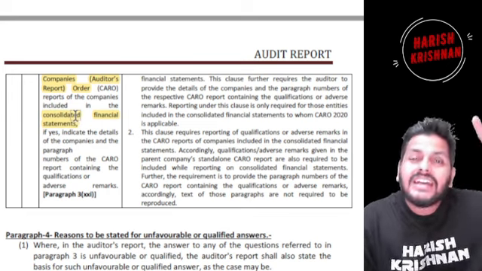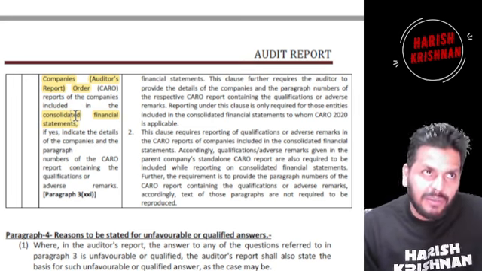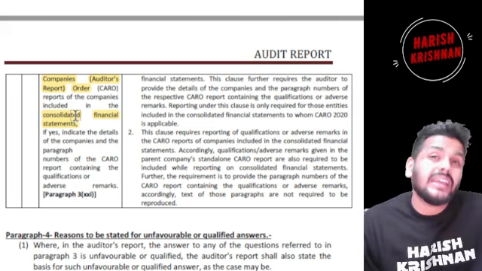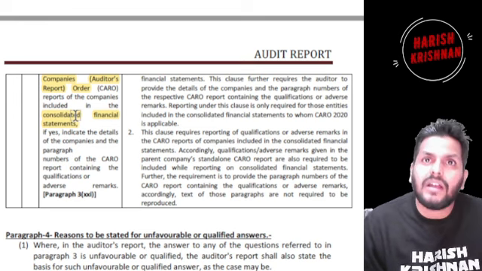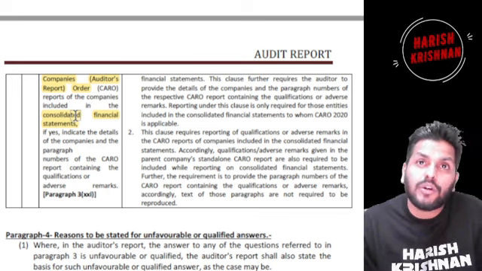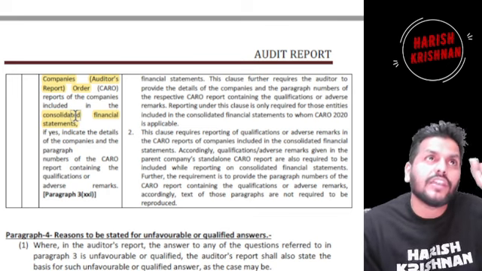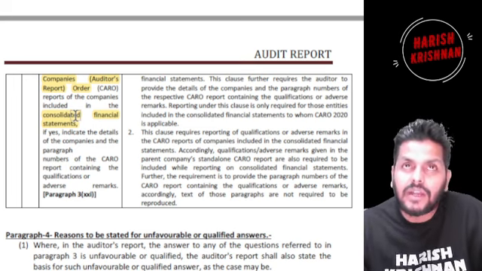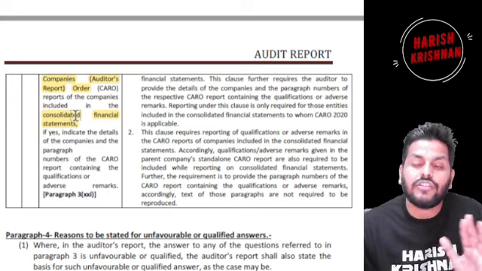So, in the standalone financial statements of subsidiaries, associates, and others which now got consolidated, because CARO would have been applicable to them and a CARO report would have been given, no? So, in those individual CARO reports of all those entities that form part of consolidated financial statements, are there any comments given by the respective auditors which are qualifications in nature?